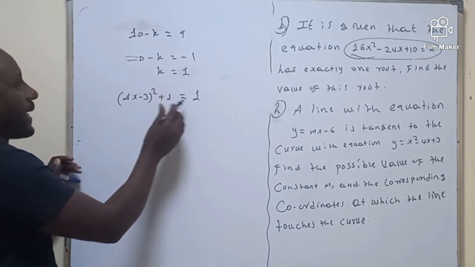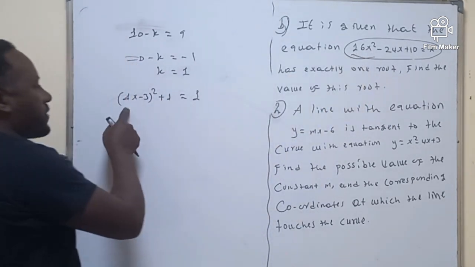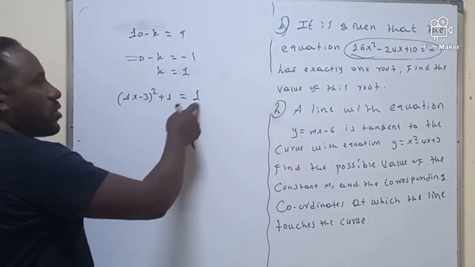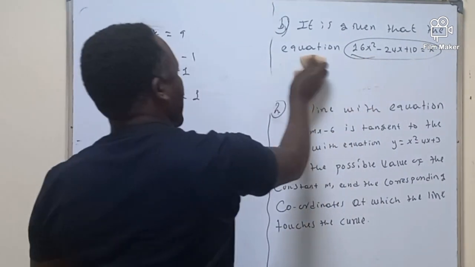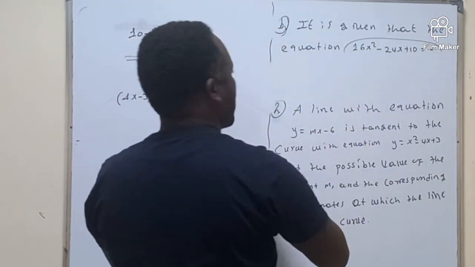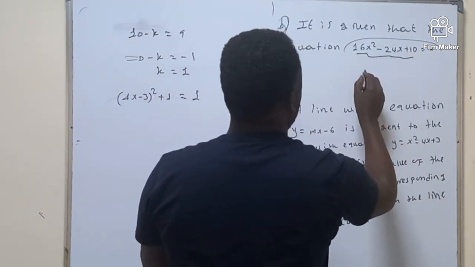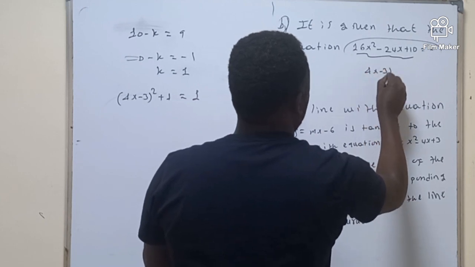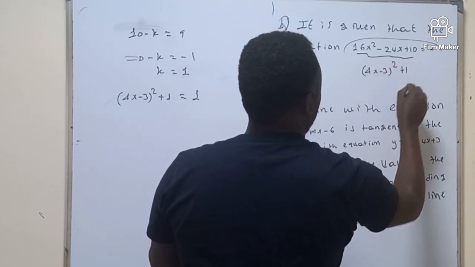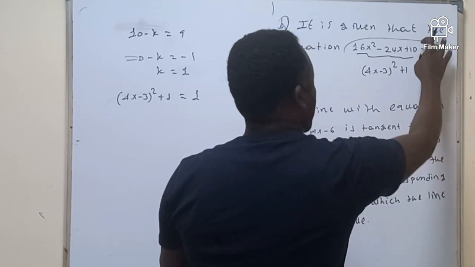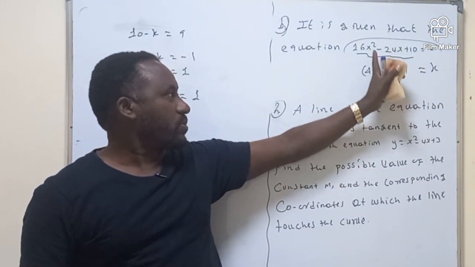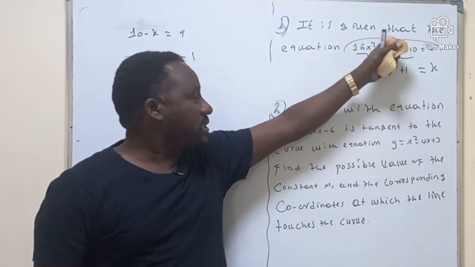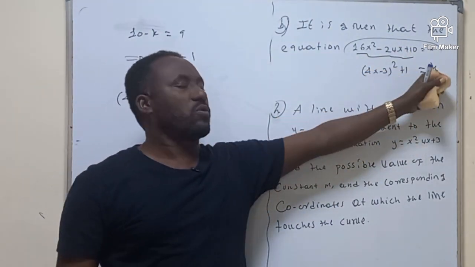We already expanded it in this form, and K means 1. So if this is equal to this one, we can equate them.